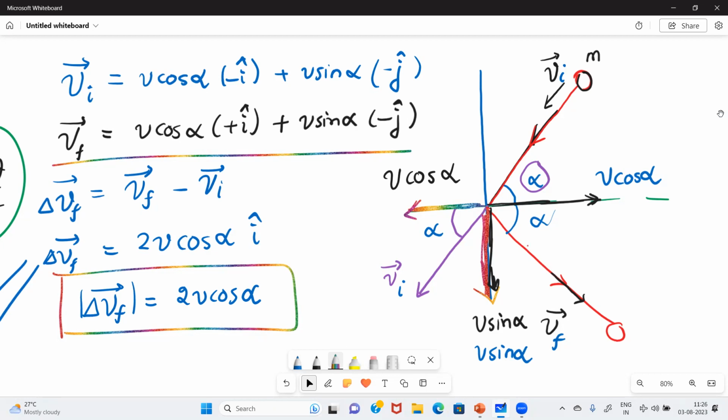Final velocity minus initial velocity. When you subtract V cos alpha from minus V cos alpha, minus of minus becomes plus. So V cos alpha plus V cos alpha, 2V cos alpha. And the direction is i cap. These two, when you subtract, are the same quantities, so it will become 0. So sin components cancel, cos components are added. Clear?